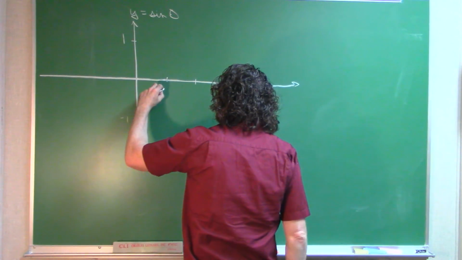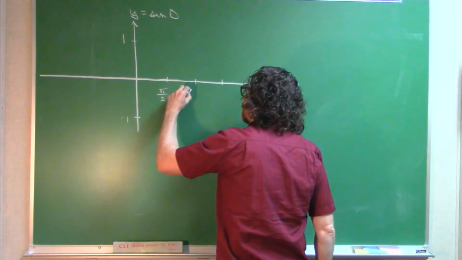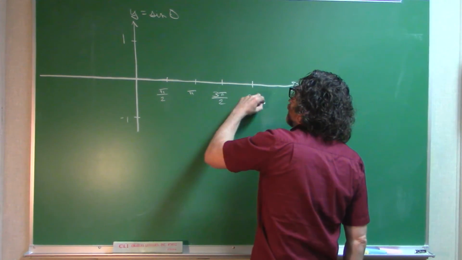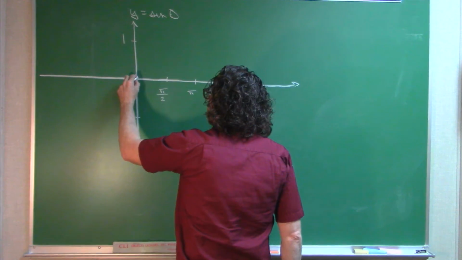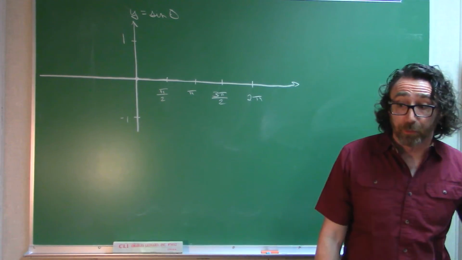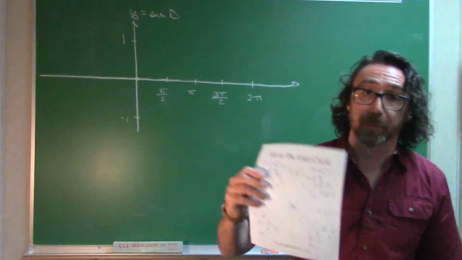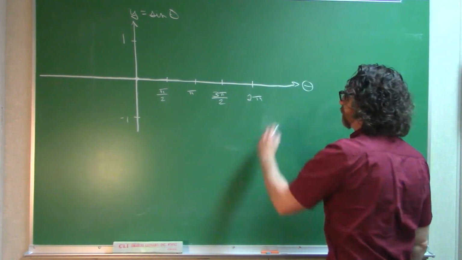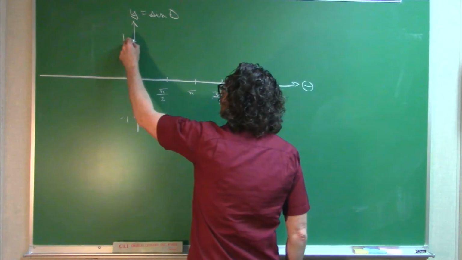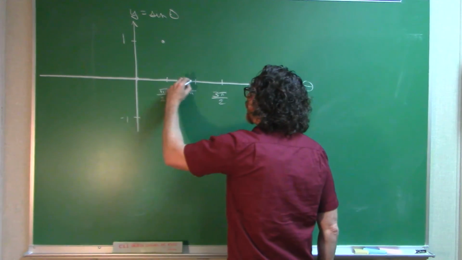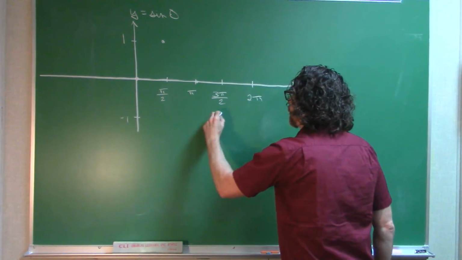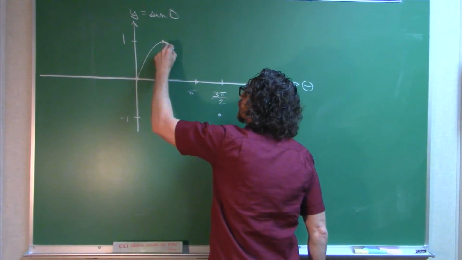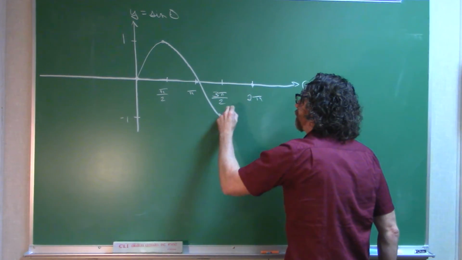Okay, so you can see from your unit circle diagram that the sine function is 0 when theta equals 0. When theta equals pi over 2, the sine function is 1, back down to 0, to -1 here, back to 0. So the sine function would look like this.